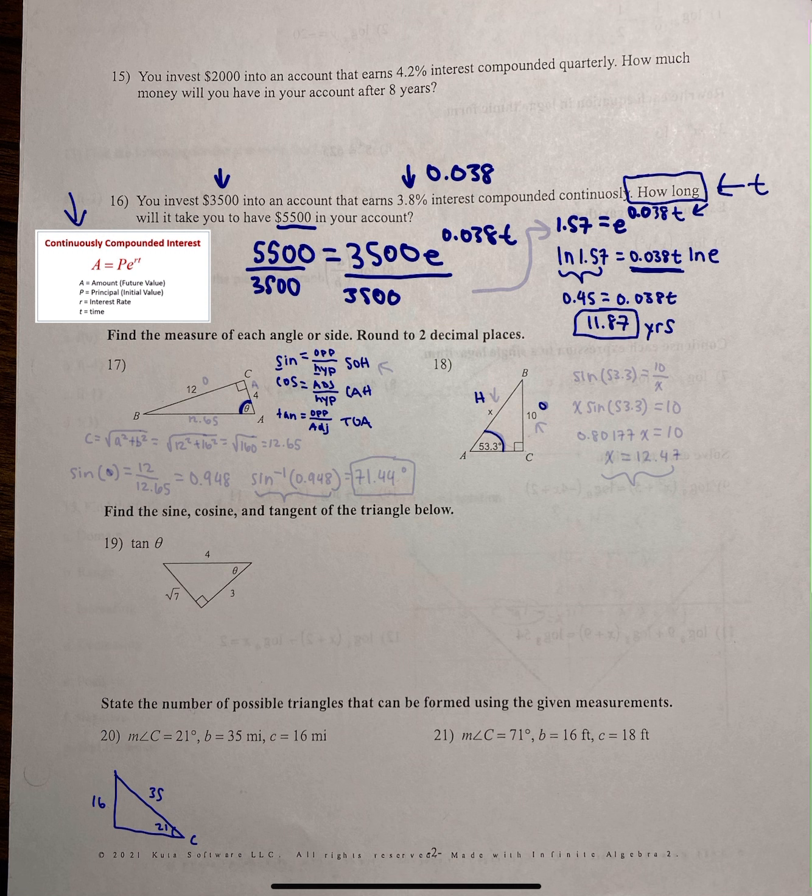And then the adjacent is what connects the angle to the right angle. So this side is the adjacent. Or you can also remember it as the side that's next to the angle that isn't the hypotenuse. So adjacent would be here.